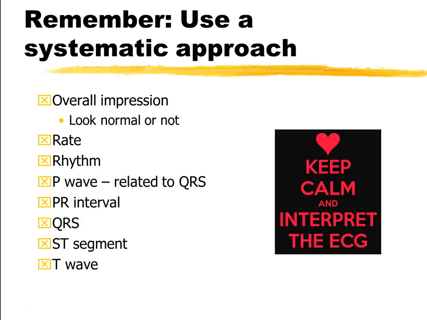If so, what's the distance? Does it change? That PR interval is very important. What does the QRS look like? Is it narrow, less than 0.12? Is the ST segment elevated? And is there a T wave? Seriously, it's not that hard. Go through that systematic approach and you'll be able to identify these key rhythms without any problem.